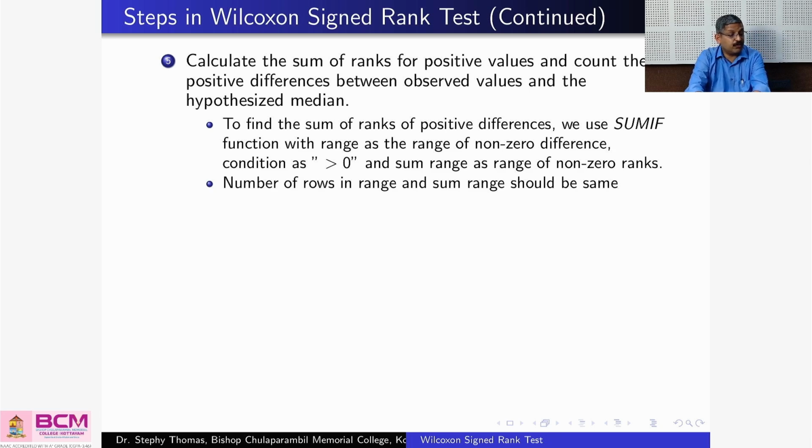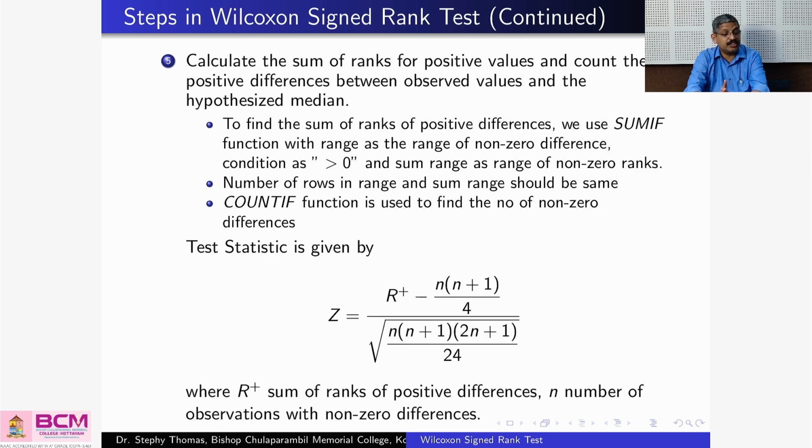Now the number of rows in the range and the sum of the range should be the same. The COUNTIF function is used for non-zero differences, and the test statistic is given by R plus, where R plus is the sum of positive ranks and n is the number of observations with non-zero difference, not the positive ranks.